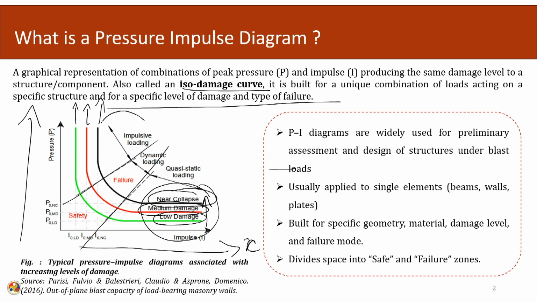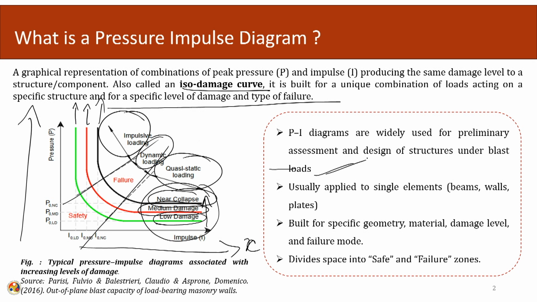Then we have broken it into different zones. This zone we call the impulsive zone, here we call it dynamic loading, and here the quasi static loading. Pressure impulse diagrams are widely used for preliminary assessment and design of structures under blast loading.